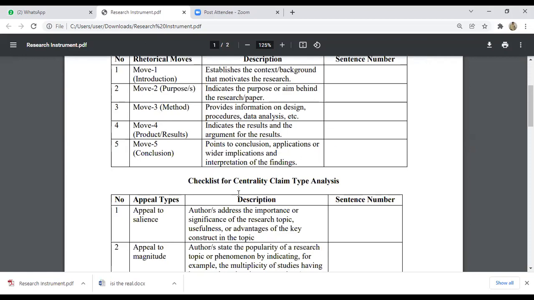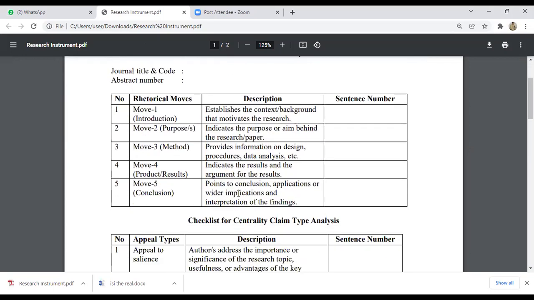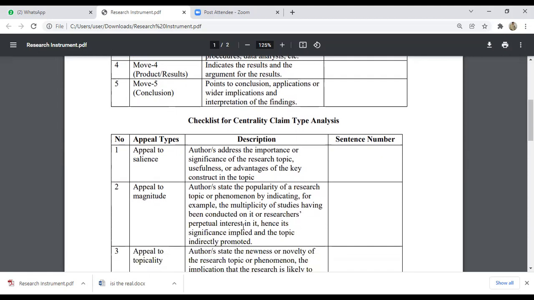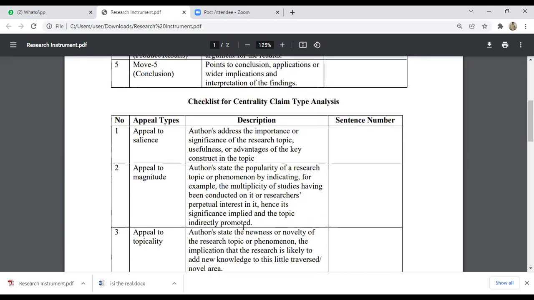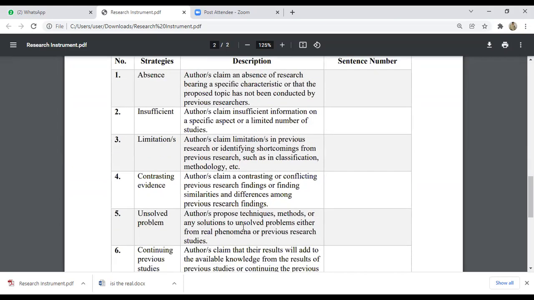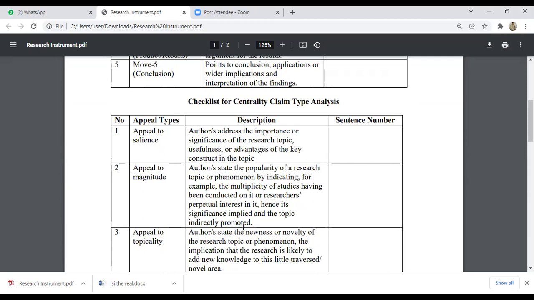Okay, is it clear? Is there any question? My guess is you will not find centrality claim frequently. It will be very rare. But you will find research gap strategy more frequently than checklist number 2.